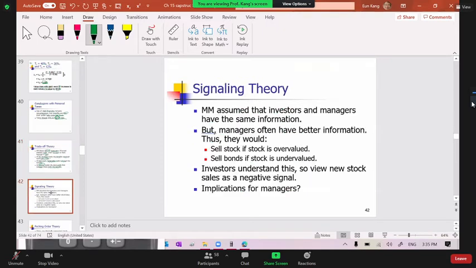And another modern theory is that MM assumes that investors and managers have the same information, right? So symmetric information. But managers often have better information. So we call it not symmetric, but asymmetric information.